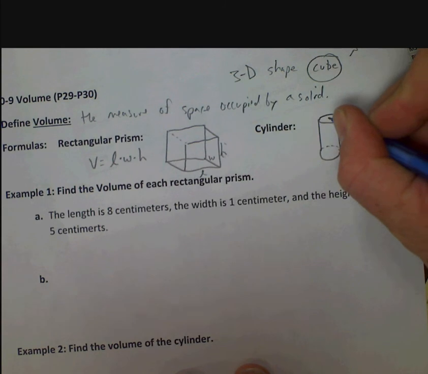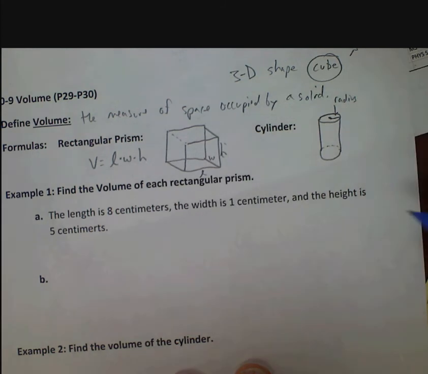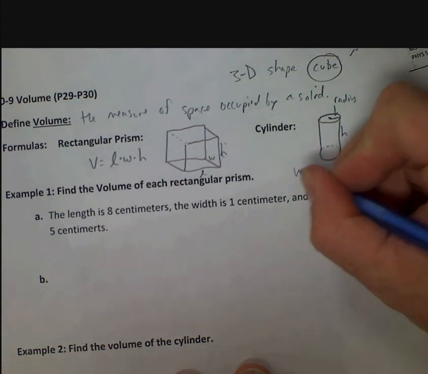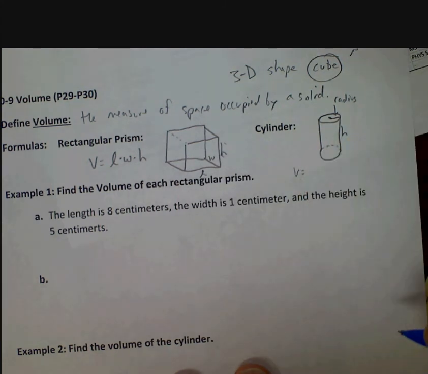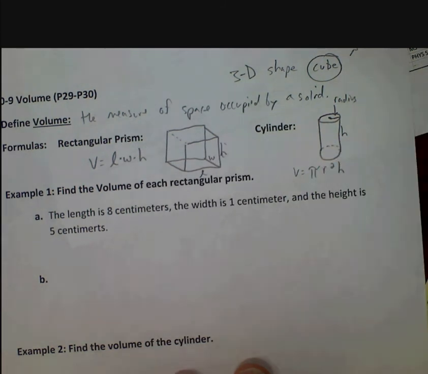Since we have a circle, we're looking for our radius, and we need our height. So the volume of a cylinder would be pi r squared h.